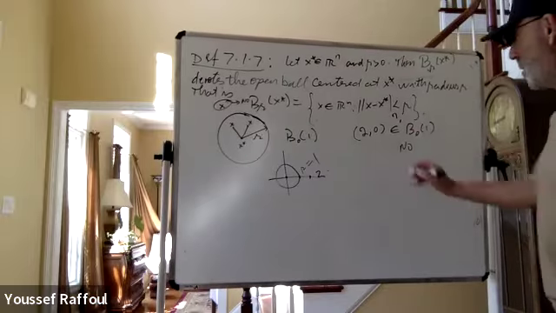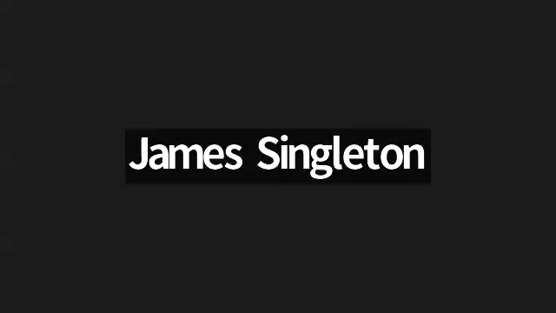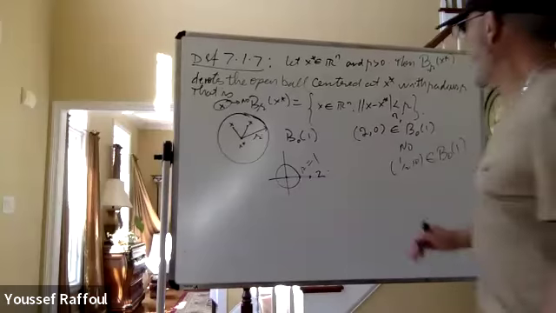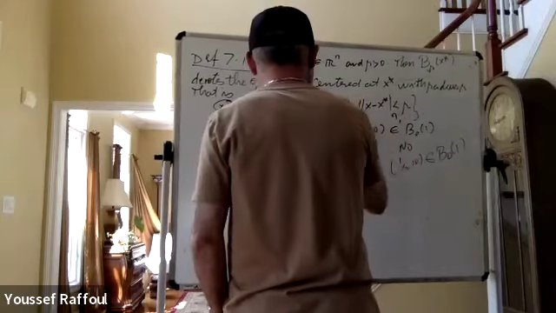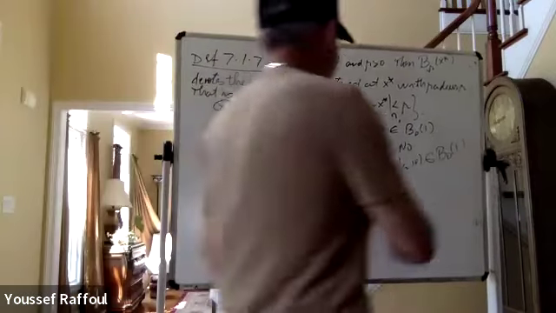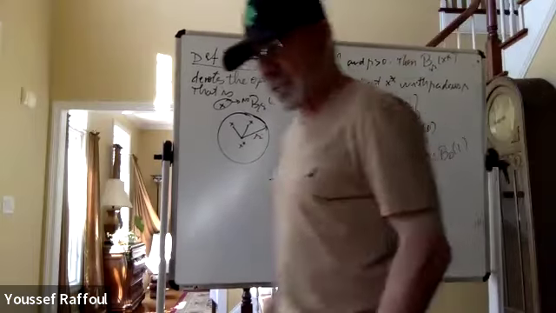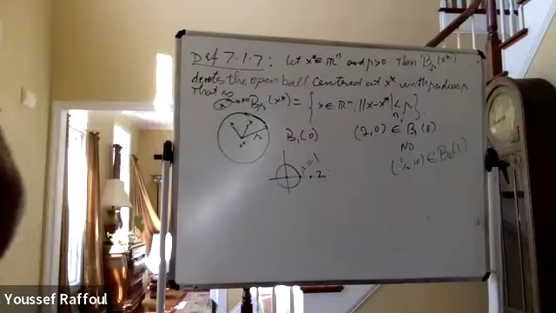So any point, for example, one half, would be in B_1(0). So it's like a point inside the ball.